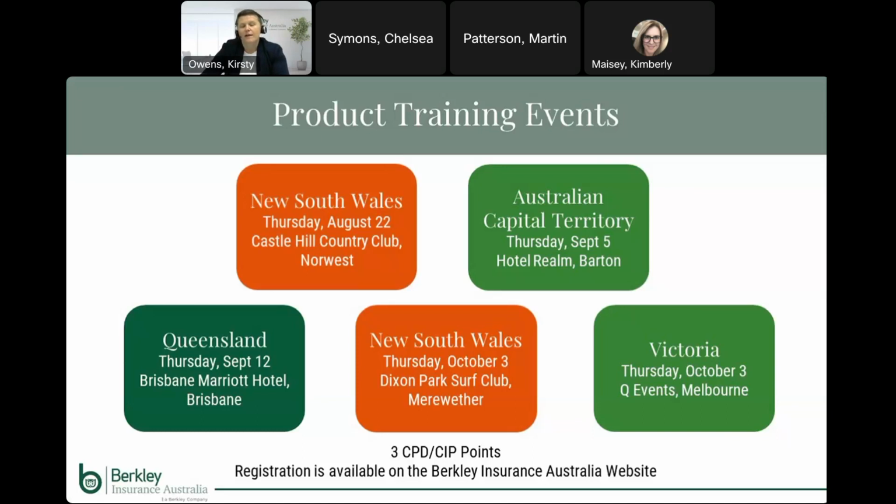So we're covering issues on the GL, such as the labour hire exposure, talking about ML risks, some really good claims examples in there. So if you see a product training event in your region, we highly recommend that you attend that. It's also a really good opportunity to meet your local underwriter and have a chat and see how we can assist you. There are also 3 CPD points if that assists with you attending.